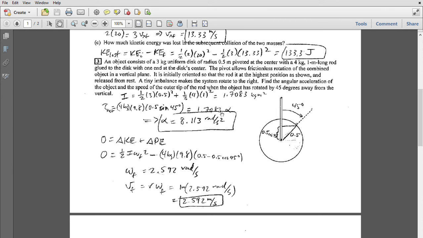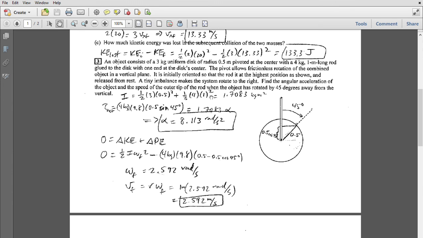And that's equal to the moment of inertia of the combined object times alpha. To get the moment of inertia of the combined object, we have to add the moments of inertia of the disk about its center plus the rod about the center of the disk. And we have to look up in the table of moments of inertia. The disk about its center is 1/2 mr squared, and a rod about one end is 1/3 ml squared.